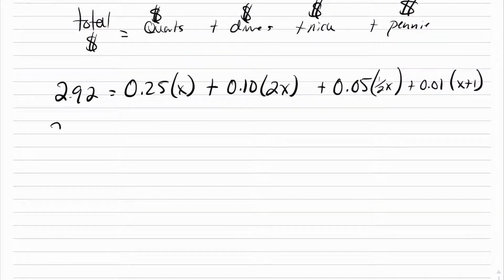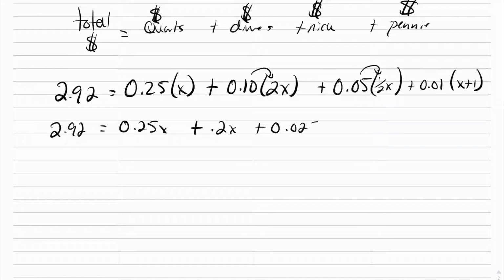So I can distribute and combine like terms. I have 0.25X plus 0.2X, and it's okay to use your calculator for this multiplication, plus 0.025X. On my calculator, I'm just figuring out what is half of 0.05. And then finally, we distribute this to both terms, so 0.01X, and then 1 times 0.01 is obviously itself, plus 0.01.